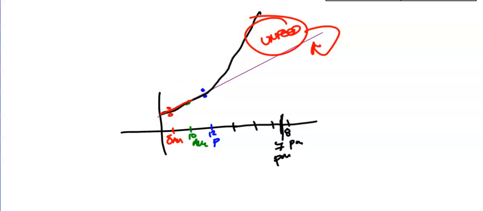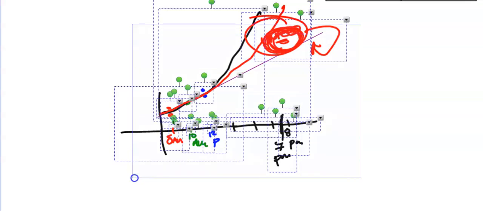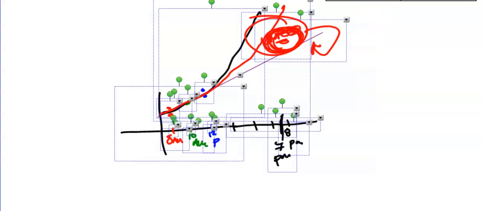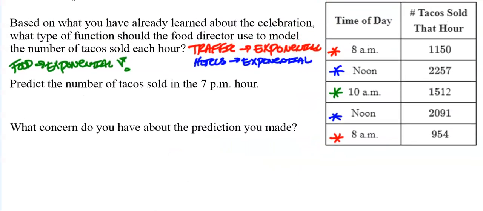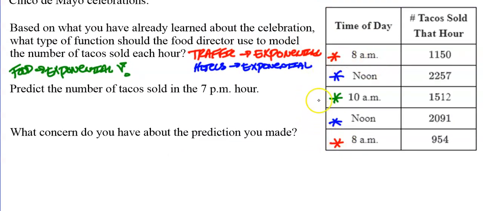It might actually go like this, and then maybe even creep up a little bit. You still end up with unfed people in here if you go with linear. And the last thing you want is a bunch of hungry, angry people that wanted their tacos and didn't get any. So we're going to use exponential, and I'm going to basically average these 2 numbers out. That's the concern.